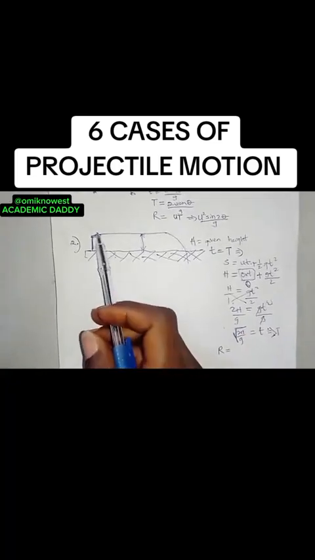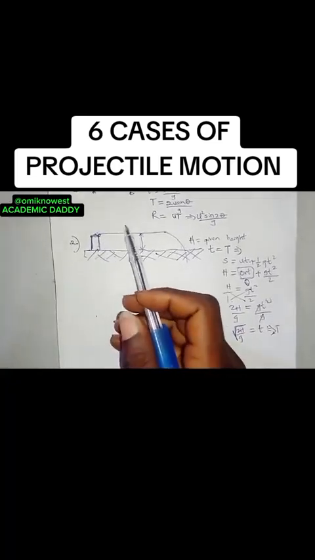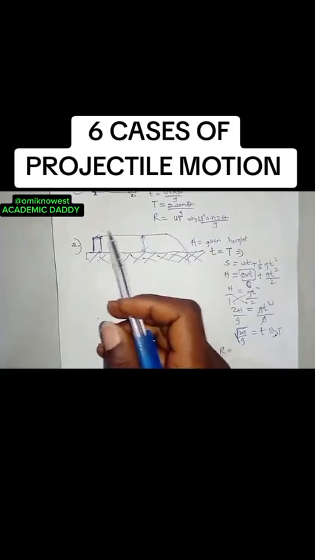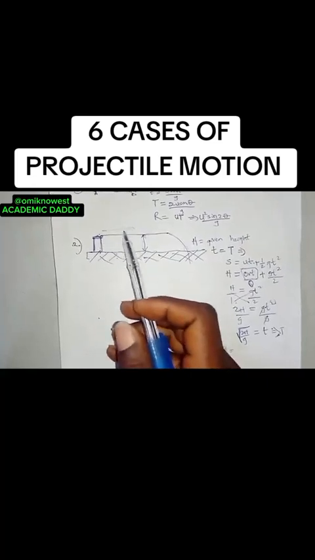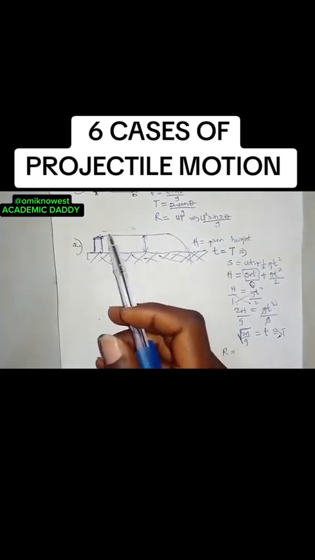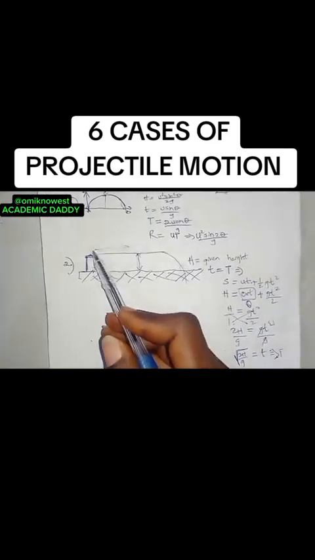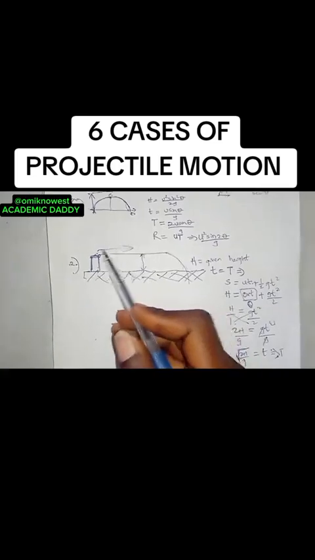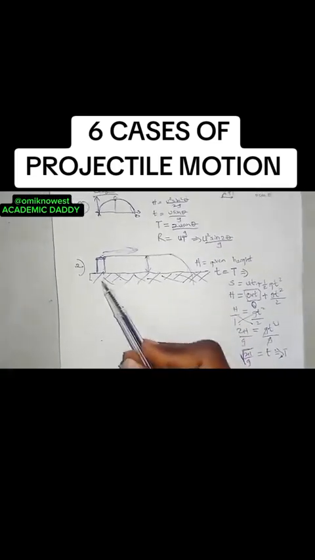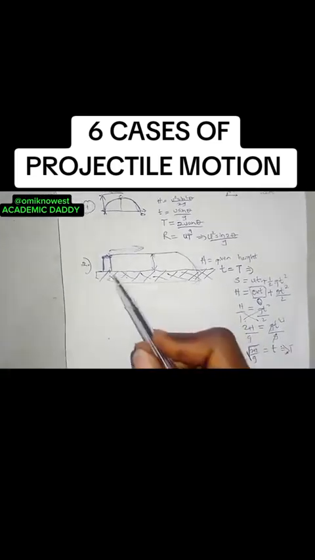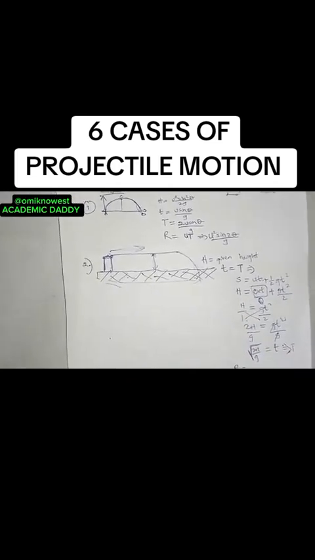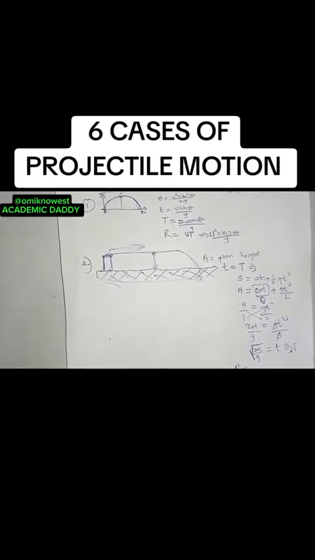Now the range in this type of question will simply be, notice, that from the time you launch this projectile, it is moving with a velocity. The range is the total horizontal distance it will cover, which is simply horizontal displacement.